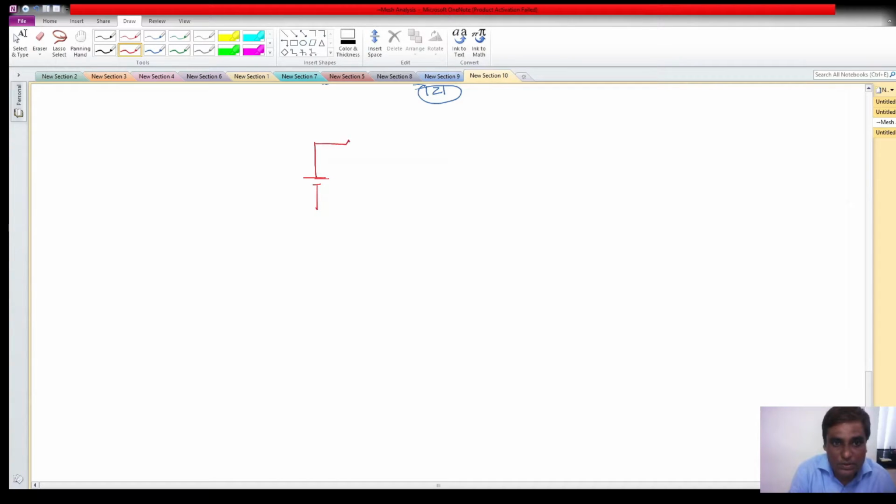It's like this. Say a battery source is present there.